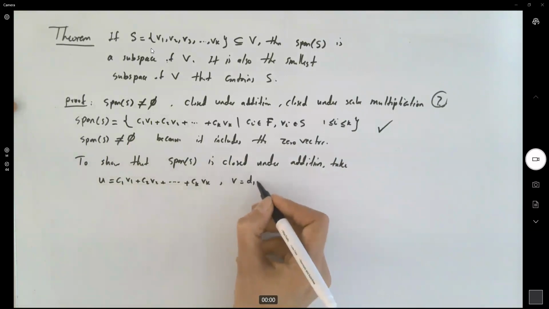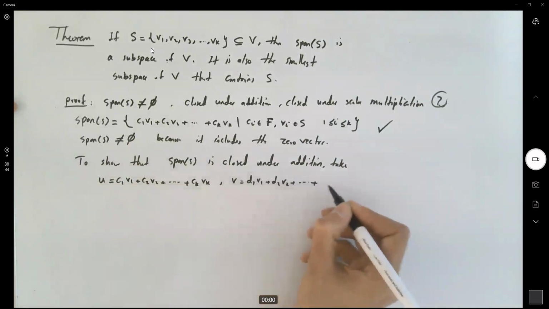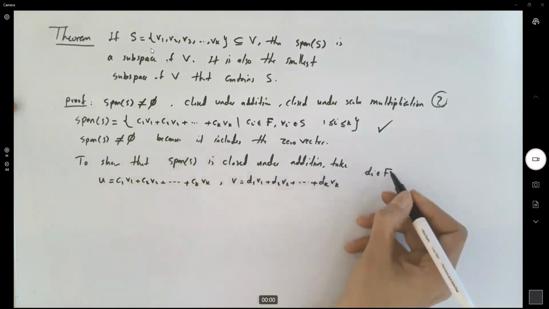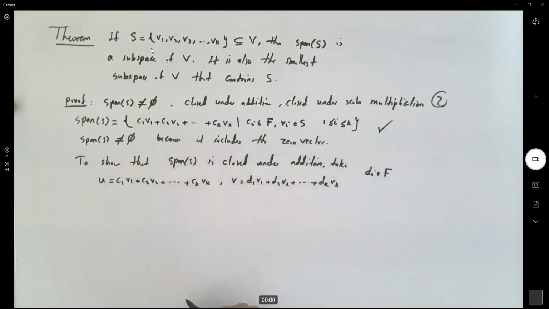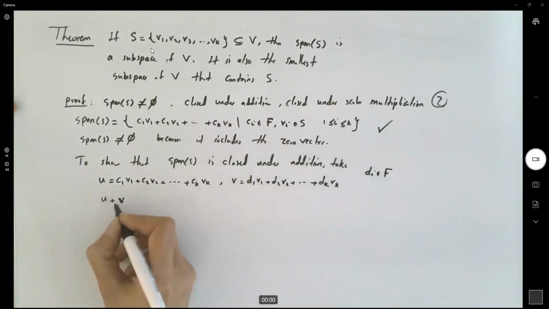and another vector like v, and let's use d1 v1 + d2 v2 + ... + dk vk, where the di are all scalars. And then add them together, u plus v.